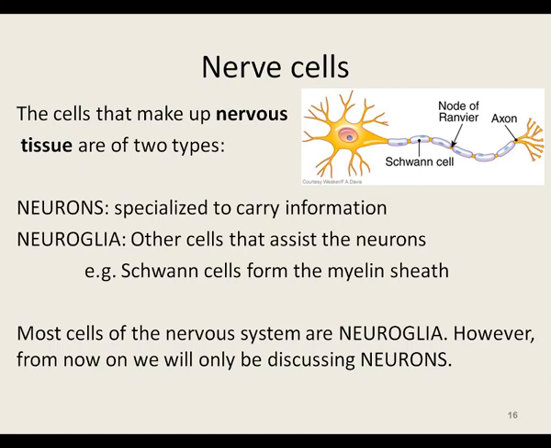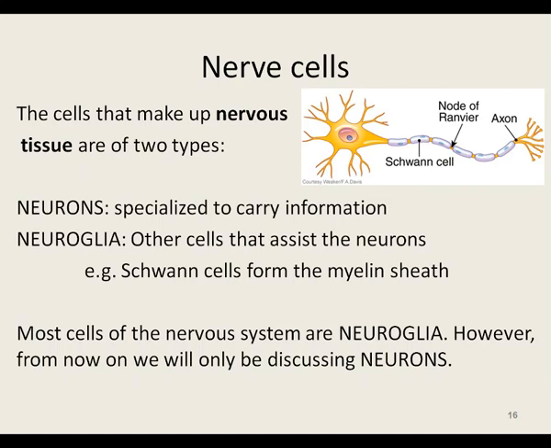Neuroglia are other cells that assist the neurons. For example, if you look at the diagram of the neuron in the upper right, there's something called a Schwann cell. These cells embrace the long part of the neuron, and they secrete what's called the myelin sheath, which we'll talk about more when we talk about the nervous system.